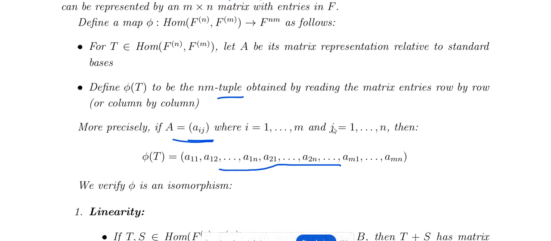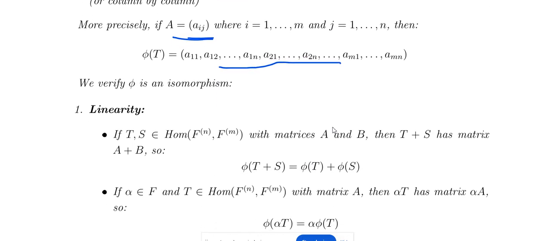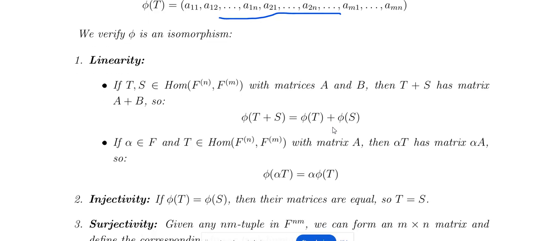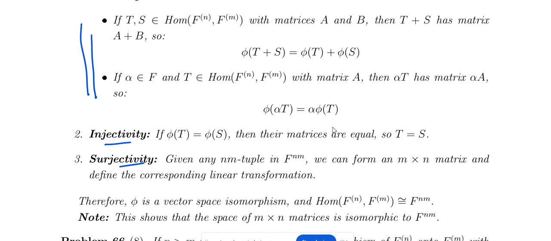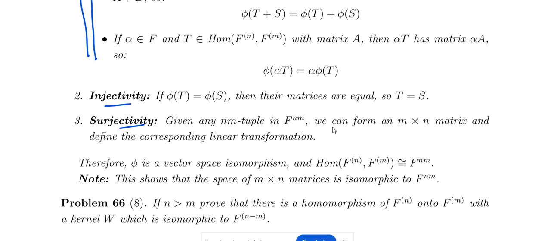So obviously this pi is an isomorphism, that is, it satisfies the linearity property, which means the homomorphism property, and it is one to one and onto. So pi is a vector space isomorphism, that is, Hom(F^n, F^m) is isomorphic to F^nm. It is a very important one; I think it has been asked many times in the TRB exam.